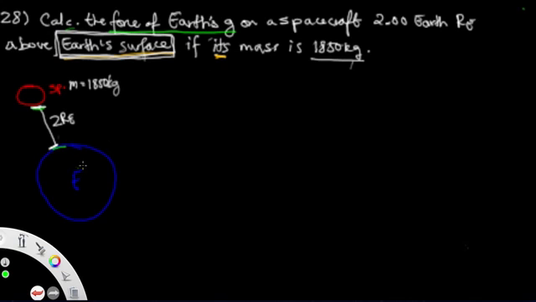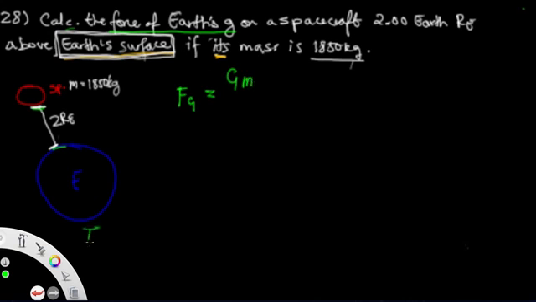Whenever they ask us to find the gravitational force between two objects, we have to turn towards Newton's law of universal gravitation. What Newton's law of universal gravitation basically says is that the gravitational force between these two objects is equal to the gravitational constant, which is 6.67 times 10 to the power of negative 11 newtons times meter squared over kilograms times second squared, times the mass of the first object.